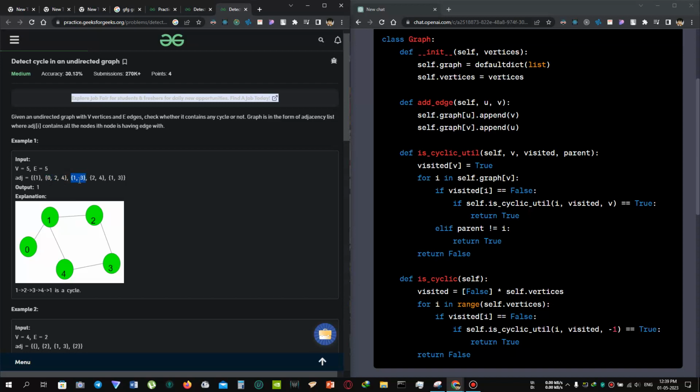This is index 2, so there is a path from 2 to 1, which is correct, and a path from 2 to 3. At index 3, there is a path from 3 to 2 and a path from 3 to 4, which is correct.